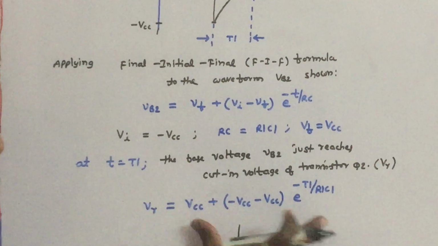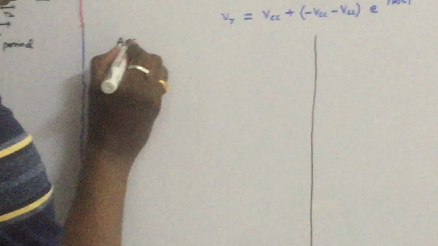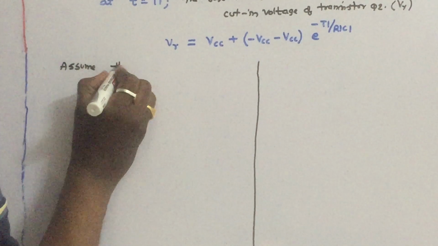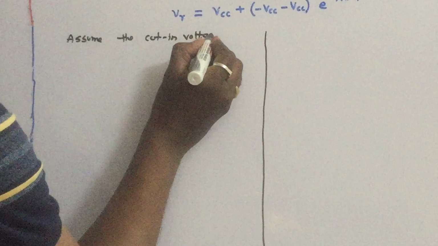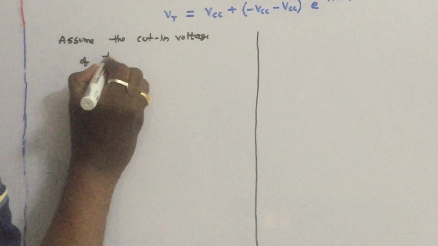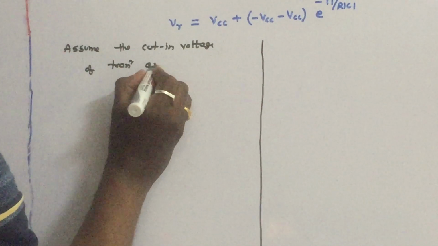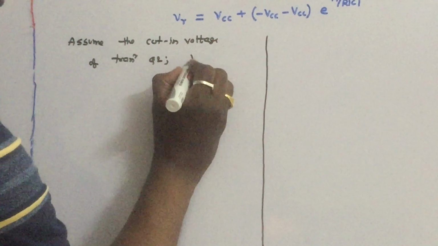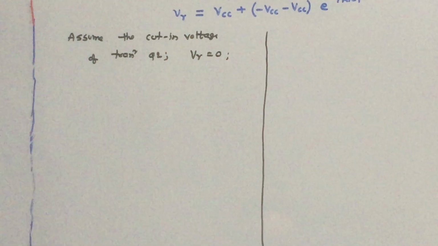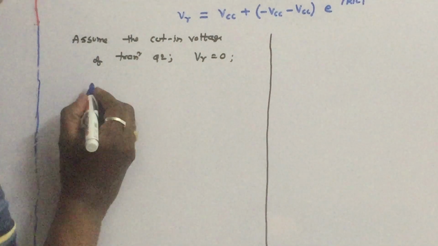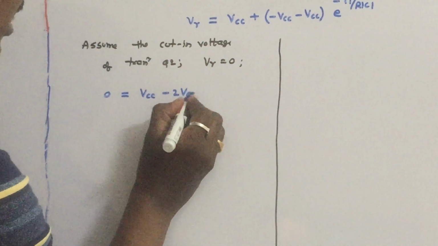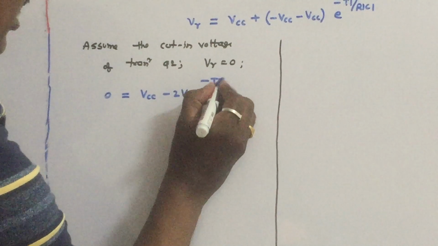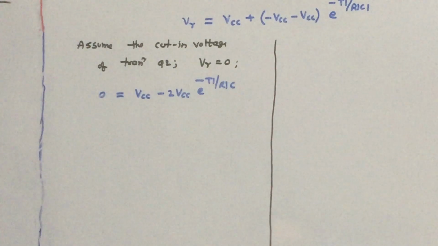In this derivation, in order to simplify the expression for T1, assume the cut-in voltage of transistor Q2, V gamma, is equal to 0. Substituting, 0 is equal to VCC minus 2 VCC into e power minus T1 by R1 C1.